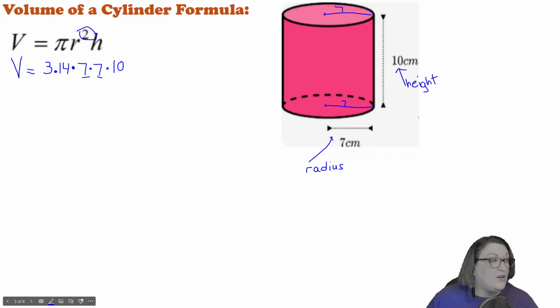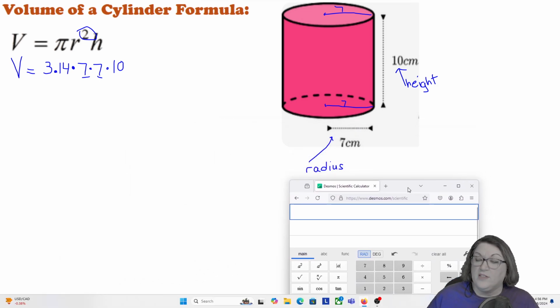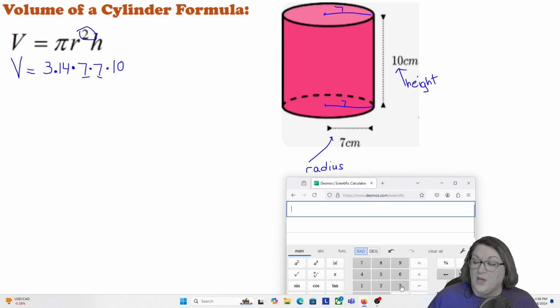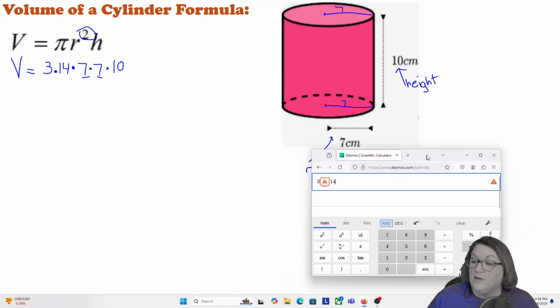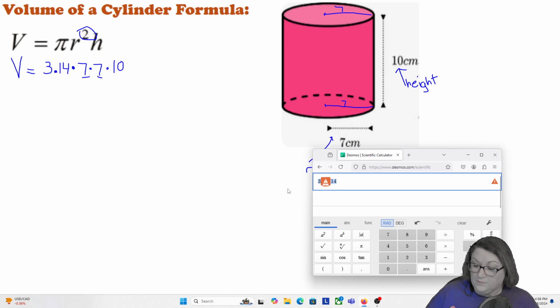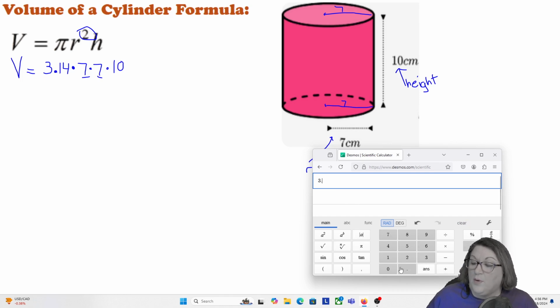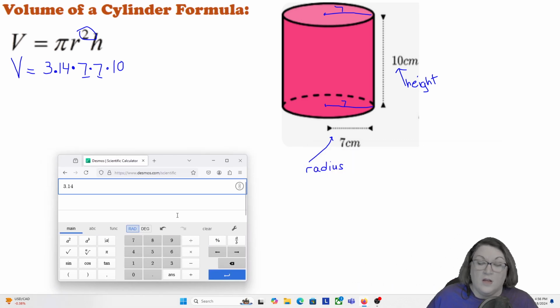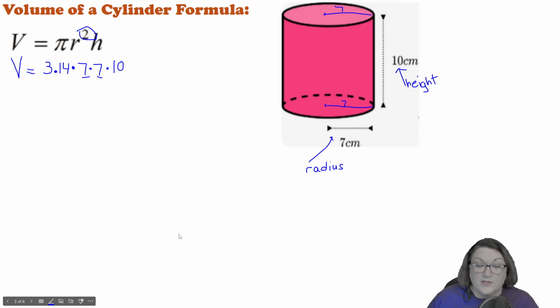Now, when we place that in our Desmos calculator, 3.14 times 7 times 7 times 10. And that gives us 1,538.6. So I'm going to write that answer down as my approximate answer.